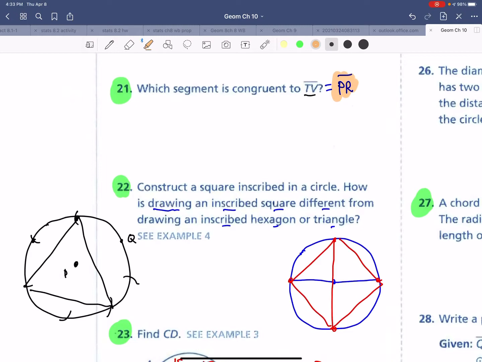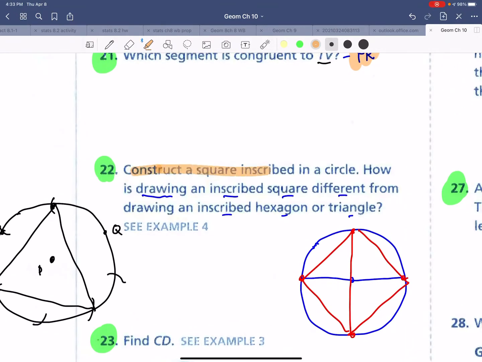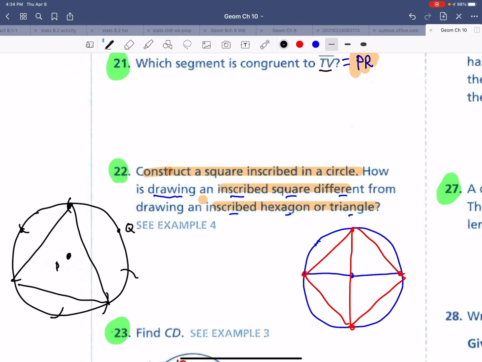Question 22. It says, construct a square inside of a circle. How is drawing that square different than drawing a hexagon or triangle? So in class today, depending on how long you were in there, we drew an equilateral triangle and a hexagon inside a circle. And we noticed that this was different. All I did here was kind of copy the radius. To construct a square inside of a circle was very different.